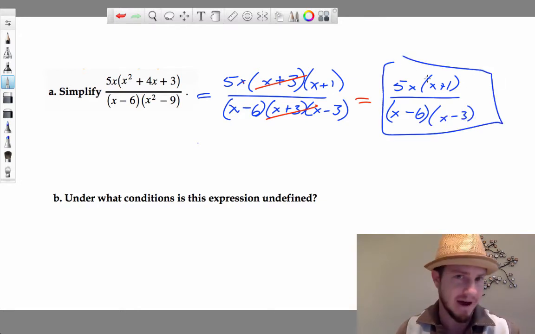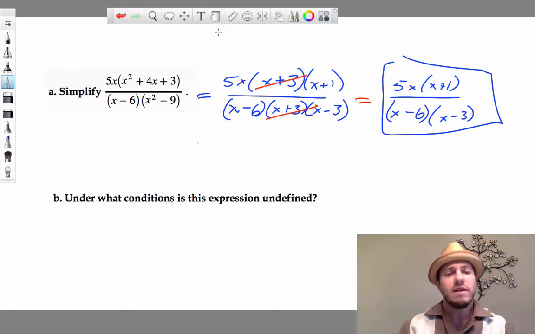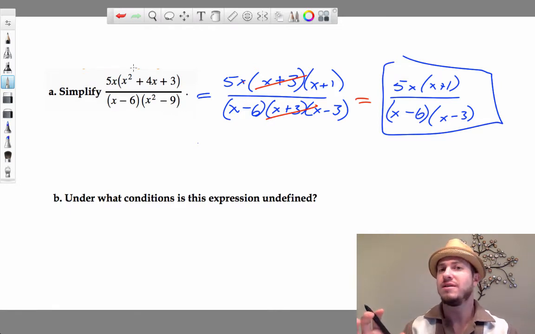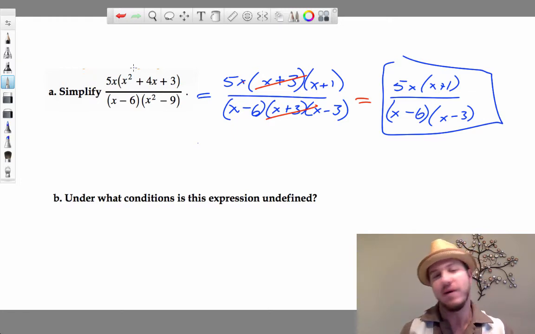That's perfectly fine. So what this question is asking is, under what conditions is this expression undefined? And you're going to get an undefined expression when the denominator is equal to 0.